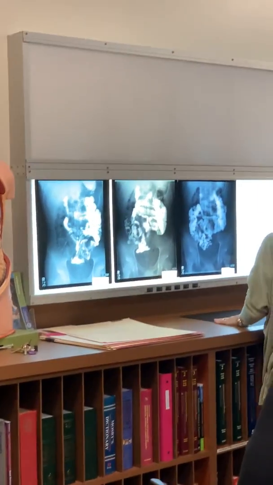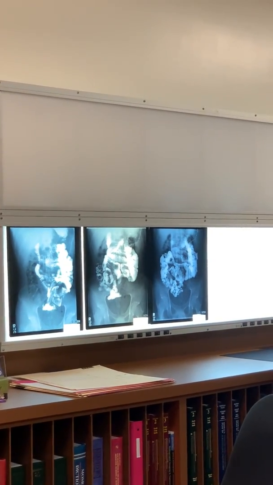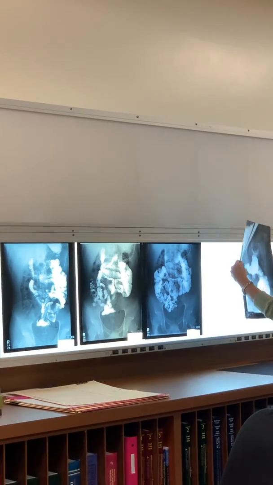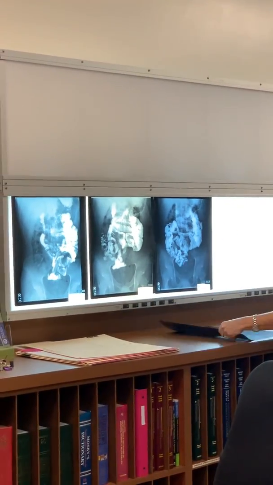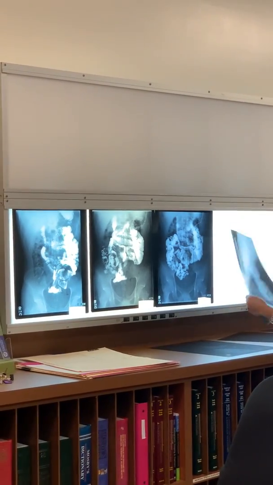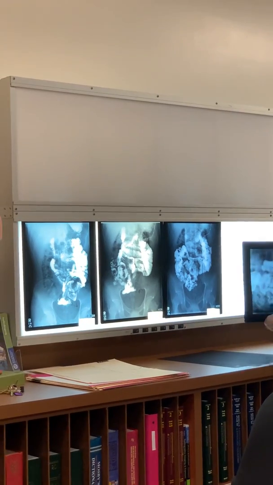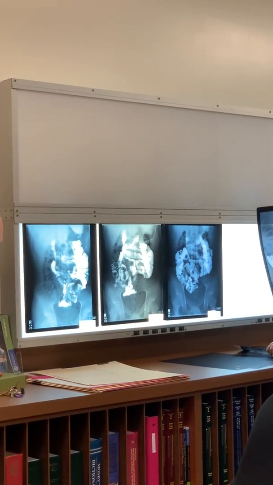I can't see that. It's just a black block. So when I'm not wearing my glasses, I have my phone right here. You can see it. Are you going to do LASIK? It might not work on me.